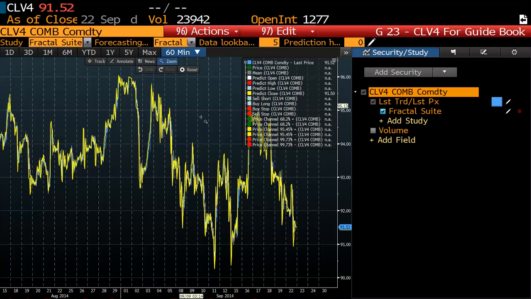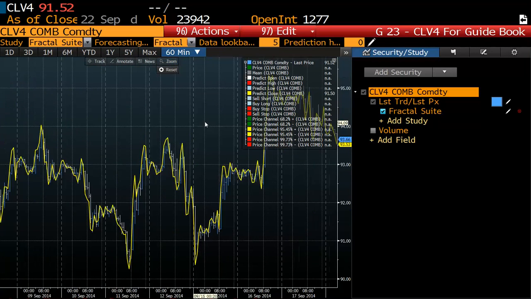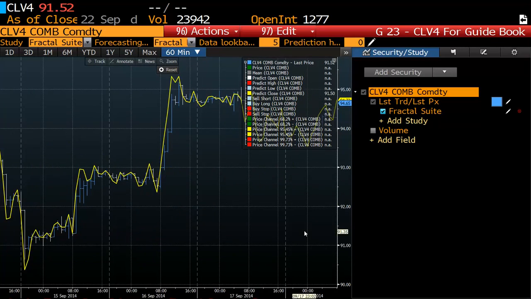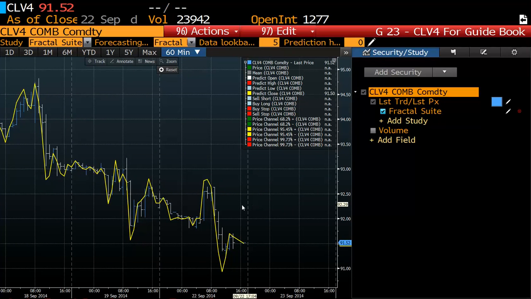So we can zoom in on this. I realize that there are other ways to zoom in on the chart, but use whichever method is comfortable to you. And there we see we have a predicted close.